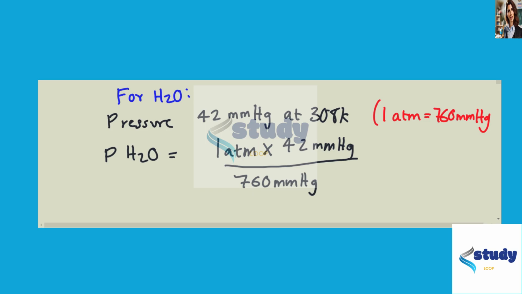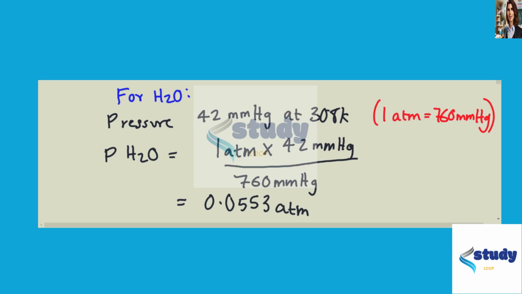As you can see, this would give us the pressure of water as 0.0553 atmospheric pressure. And we are given the mass of water, right, which is 2 grams.